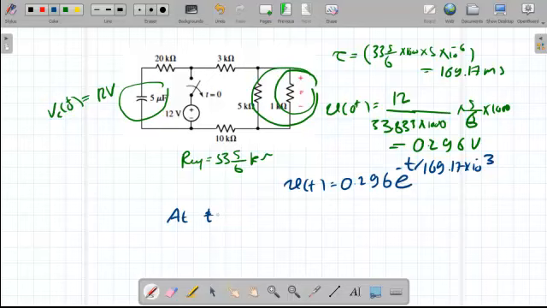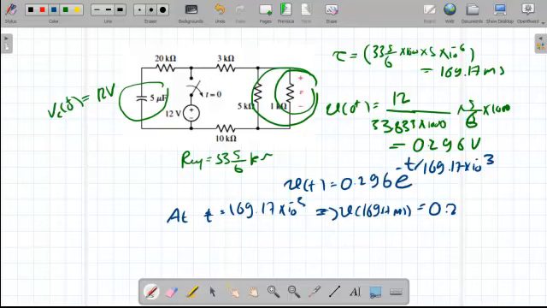Actually, this time, 169.17 millisecond, is the time constant of the circuit. So V at 169.17 millisecond will equal 0.296 e to the minus 1. So this will equal 0.109 volt.